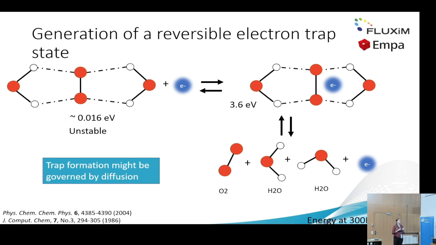And just as a reminder, at 300 Kelvin, we have an energy of 0.026, basically meaning that this complex will dissociate quite fast. So in order to actually get a trap, we need to start from the components, basically meaning that we have a 4-body reaction to form a trap.